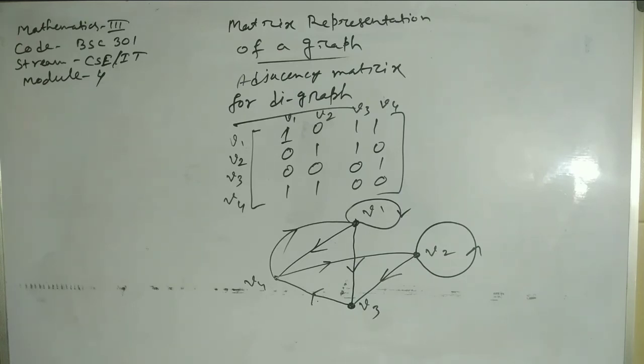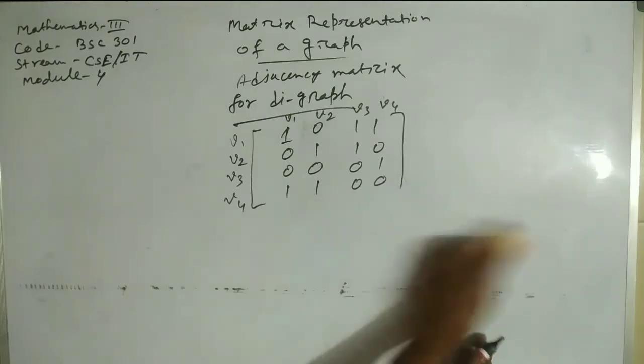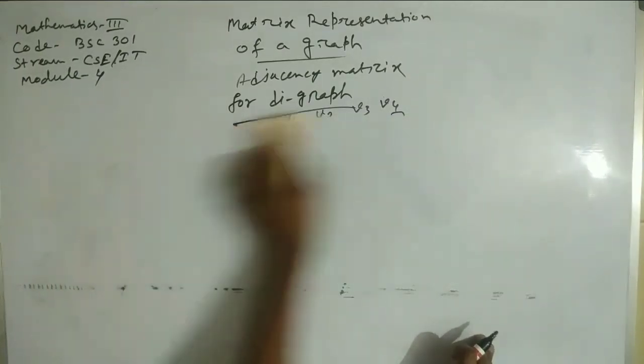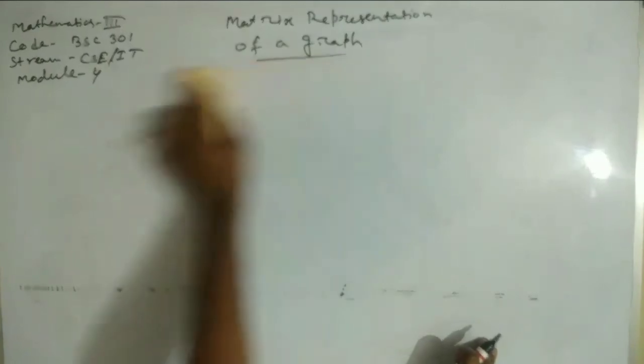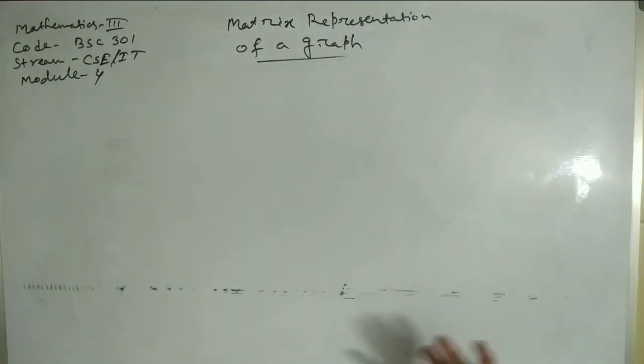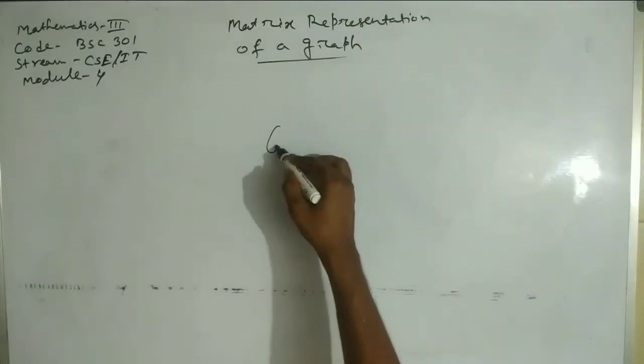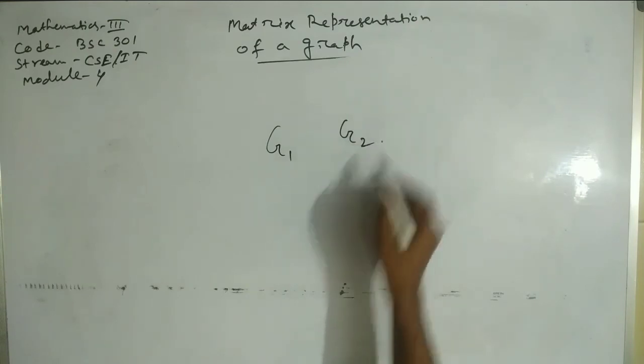Now, if a graph is disconnected, suppose I am just telling you theoretically. A disconnected graph, you know, is a collection of some connected components. Suppose G1, G2.